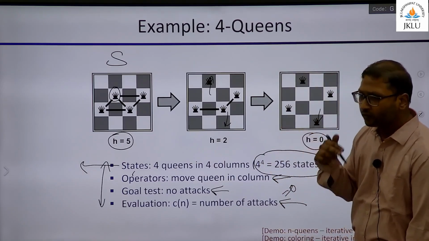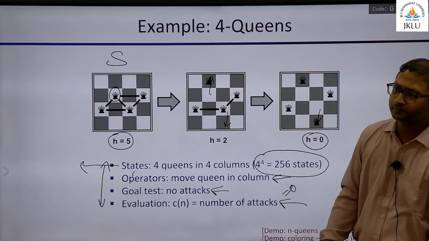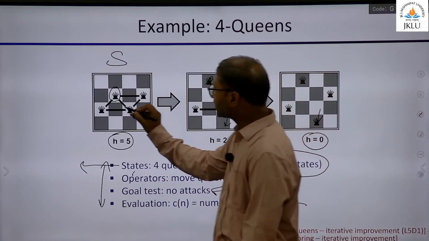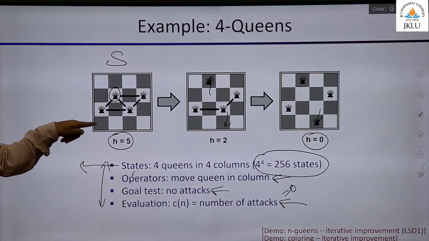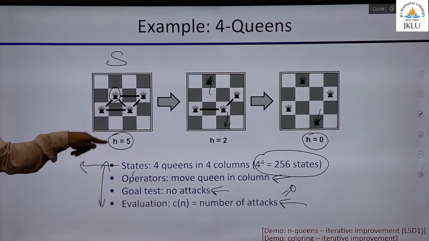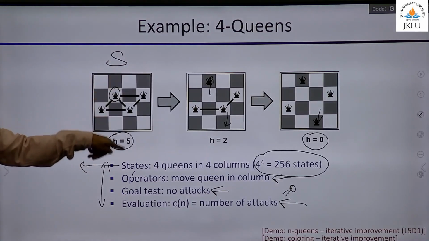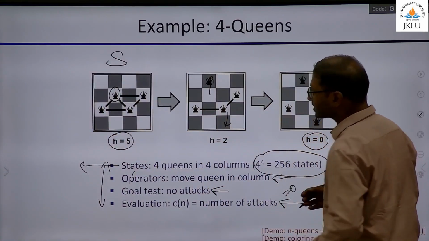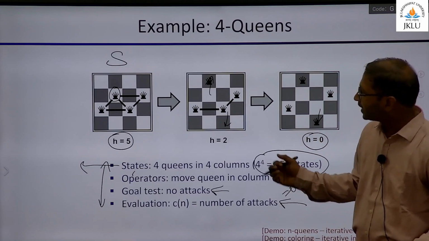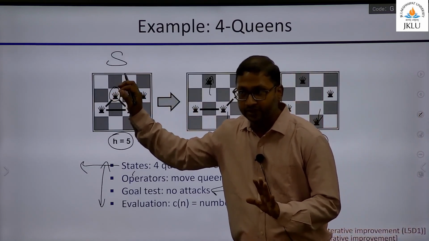Why 4 into 4 into 4 into 4? So the first queen can take values in 4 ways. The second queen can take value in, so 4.4.4.4. Okay. These many possible states are there. These many possible states you could have started with.